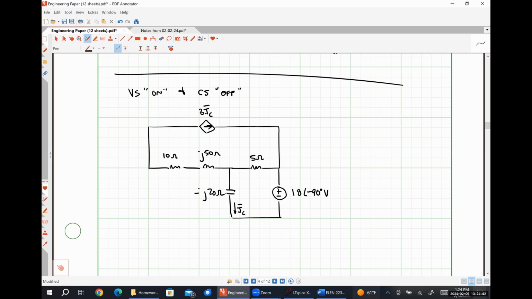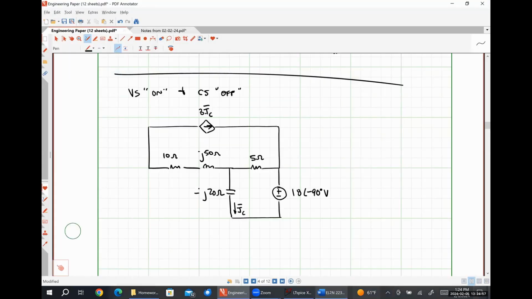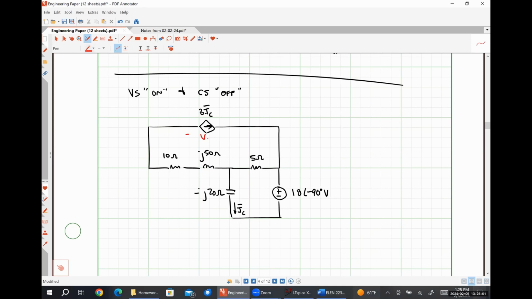All right, let me think. What are we realistically looking for? I want power absorbed or supplied. Power supplied. So I want the current flowing into the negative polarity terminal. So that's going to be this voltage VDEP like so.